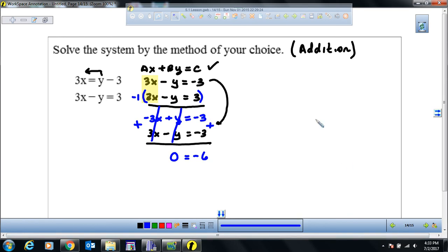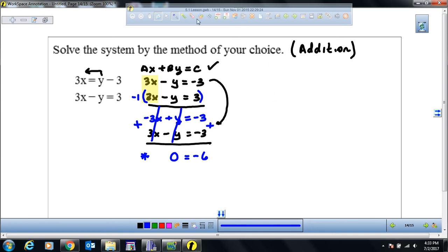So this is a special case. Anytime both the x and the y, both variables, or all your variables cancel out from the system, that is an indication that the system has either no solution, meaning there are no points of intersection between the two equations, or infinitely many solutions, meaning that the lines coincide, meaning that they intersect at every point.